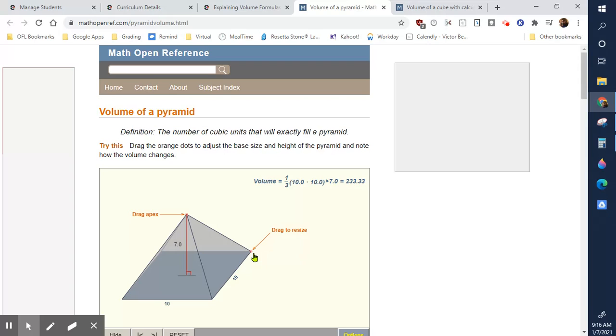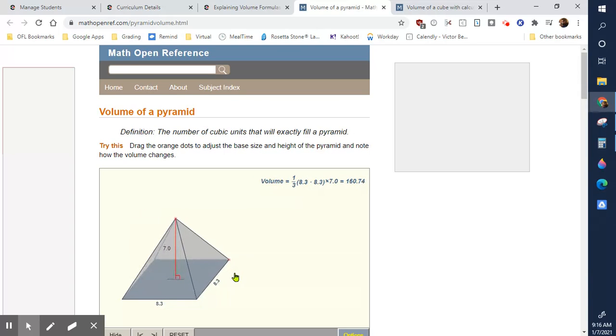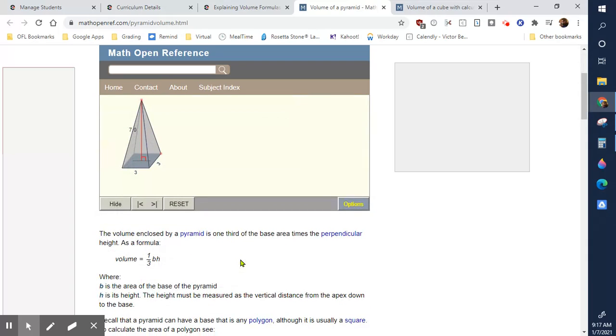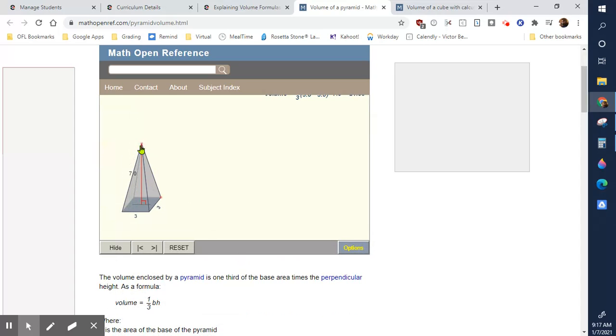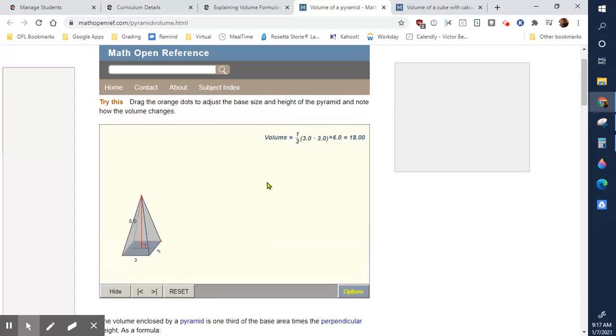And height is going to be 6. There we go. So 3 and 6. You know what? I always find it funny that we're supposed to be deriving the formula, and the website they give us clearly shows the 1/3 right here, and it clearly shows length times length. So yeah. So we're going to get 18 for this.